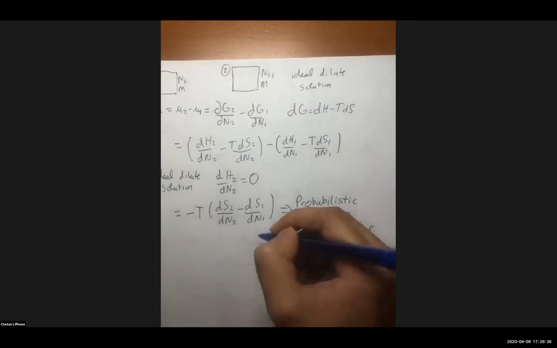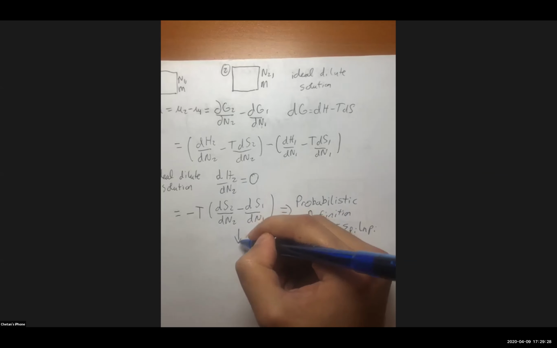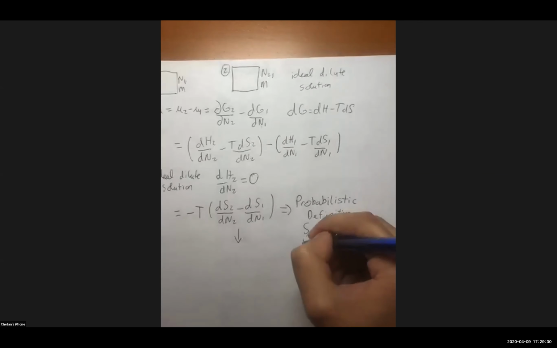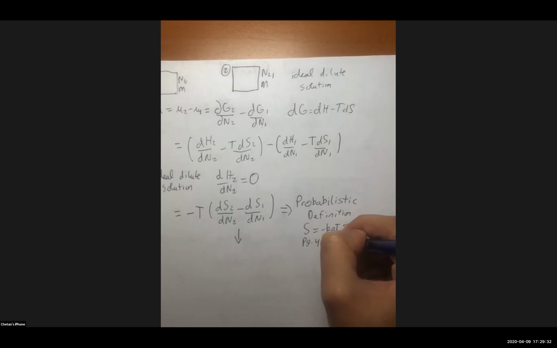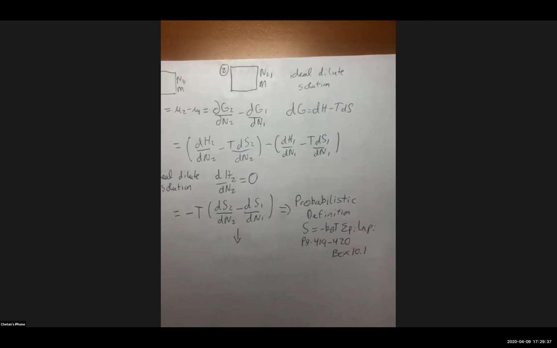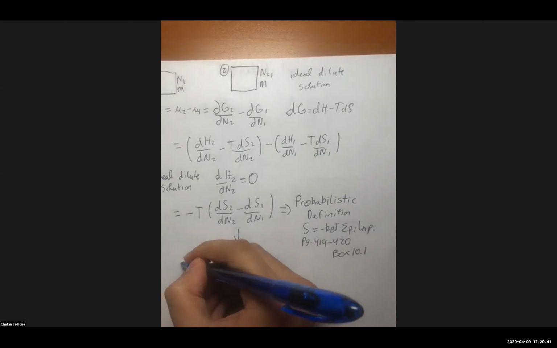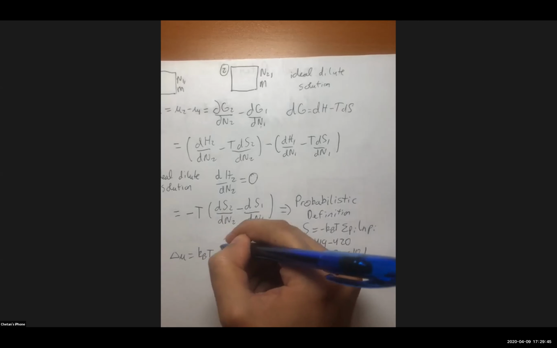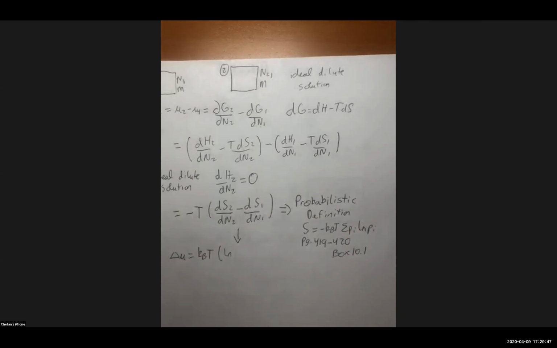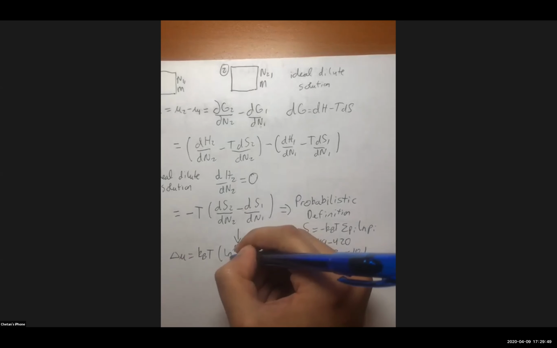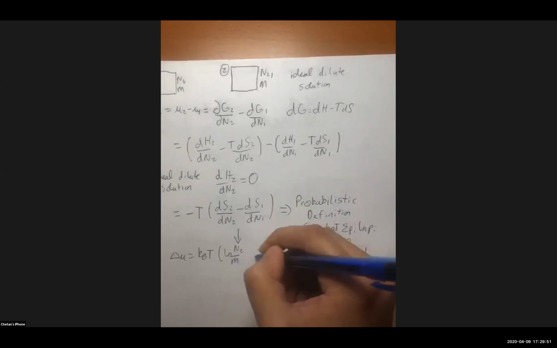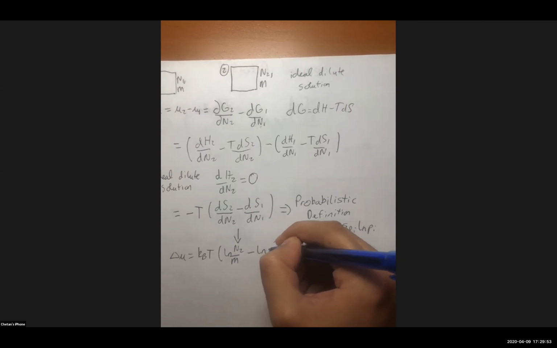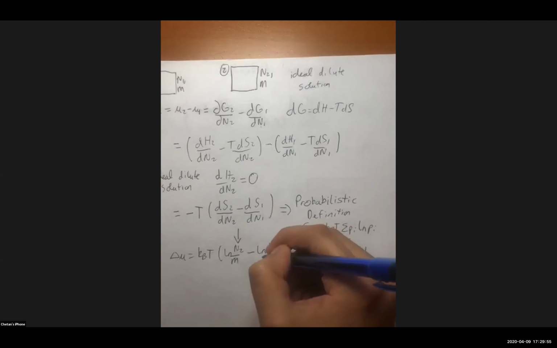And I'm not going to go through all the math because it will take a long time, but you can look on pages 419 and 420, especially Box 10.1 in your textbook, if you want to see exactly how you simplify this down. But basically, this will yield us Δμ = kBT times the ln of N2 divided by the number of boxes, M, minus the same thing, except with N1, divided by M.